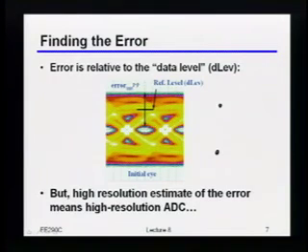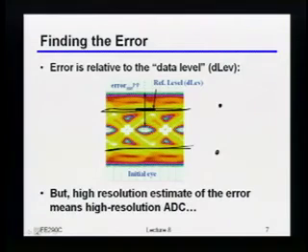So when I say error, what I really mean is, what are the excursions, or the analog voltages that I get that are not exactly a +1 or exactly a -1? On this figure I've drawn it on the upper side, but it's the same thing on the bottom side. My error is all of this stuff around that data level. Because if everything was perfect, I would just get a perfect +1 or -1.